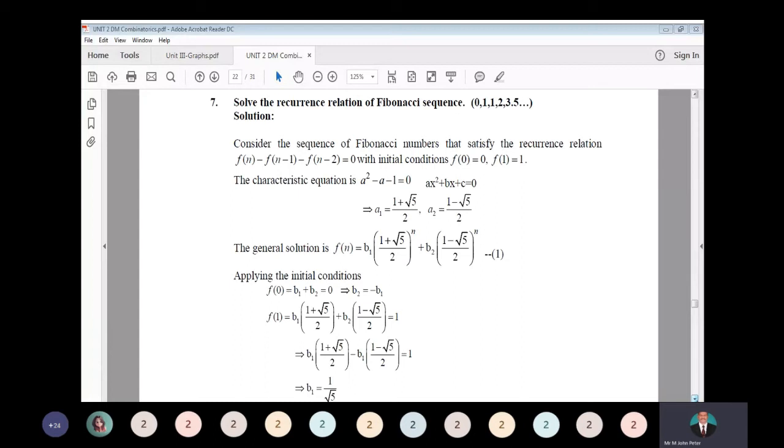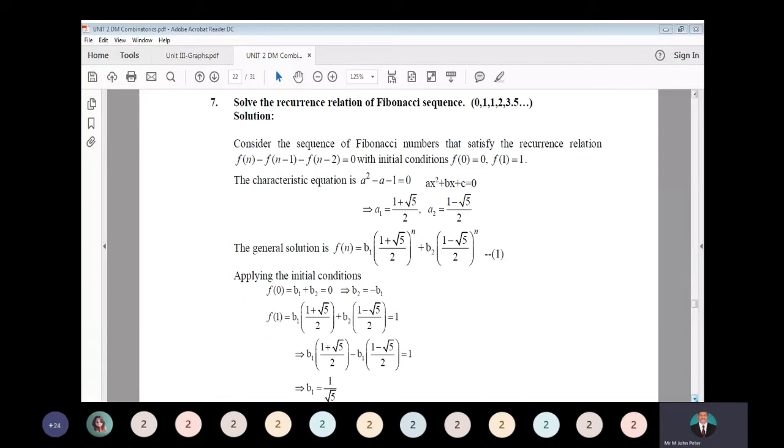So it is a second order equation, that is a square minus a minus 1 equal to 0. Compare with the quadratic equation ax square plus bx plus c equal to 0. So the roots are minus b plus or minus root of b square minus 4ac divided by 2a. Using that you will get a1 is equal to 1 plus root 5 by 2, a2 is equal to 1 minus root 5 by 2.